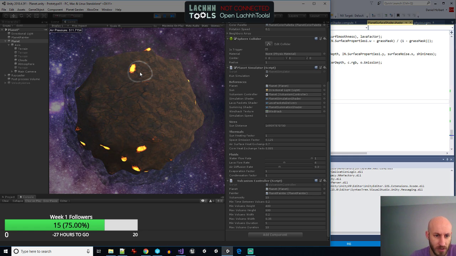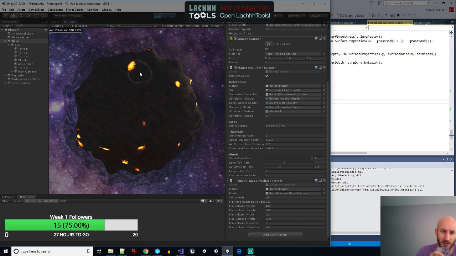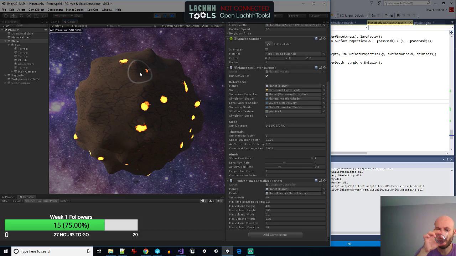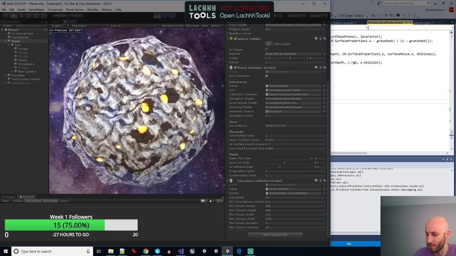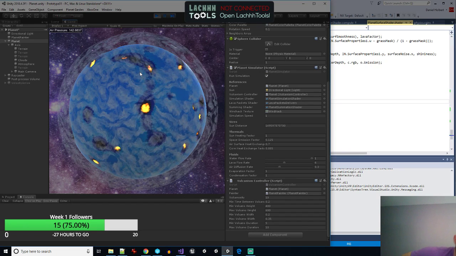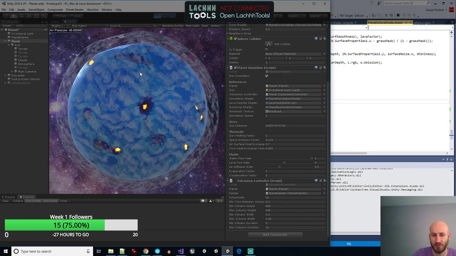And I can see all the smoke in the atmosphere from all that volcanic activity. Okay. I love that light blue color coming in with that kind of noise texture.